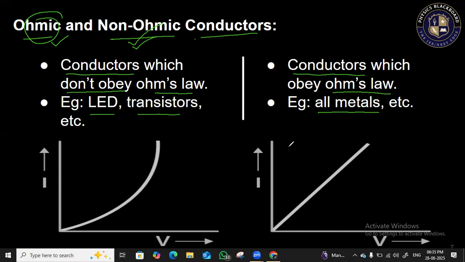They obey Ohm's law, so with an increase in the potential difference, the electric current also increases across the conductor, so that you will get a straight line graph. So this graph indicates that these conductors are ohmic conductors, and this curved graph indicates that the conductors are non-ohmic conductors. Done? Okay.